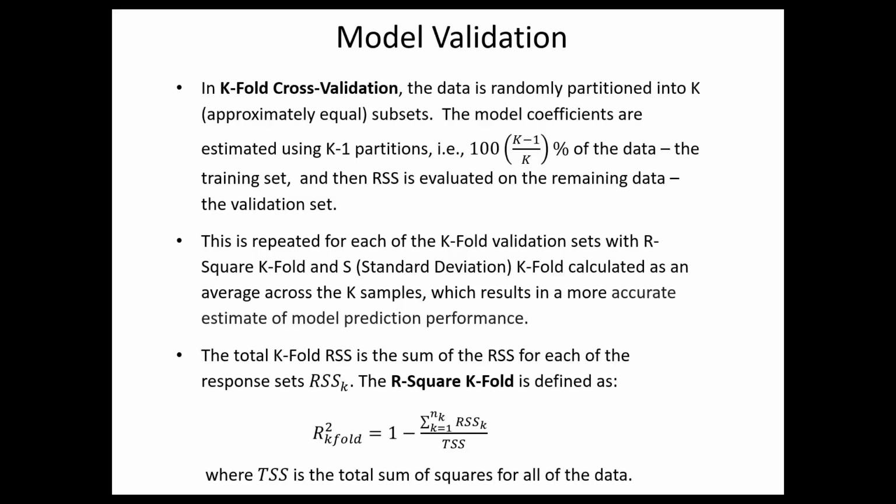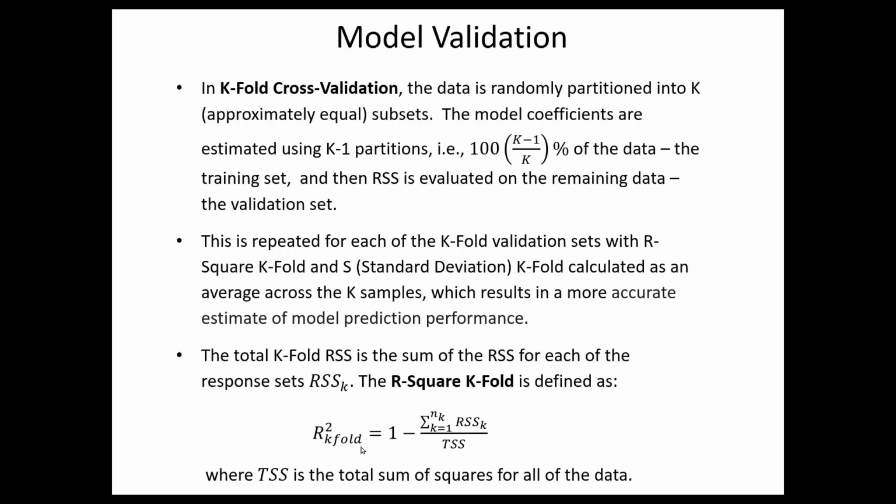And then we cycle through and do the other 9. So you actually get 10 models being built, and for each one you compute the out-of-sample R-square, and then the out-of-sample residual sum of squares, RSS, and then you compute the R-square k-fold, which is basically just summing up the RSS values. Then that gives you R-square k-fold.